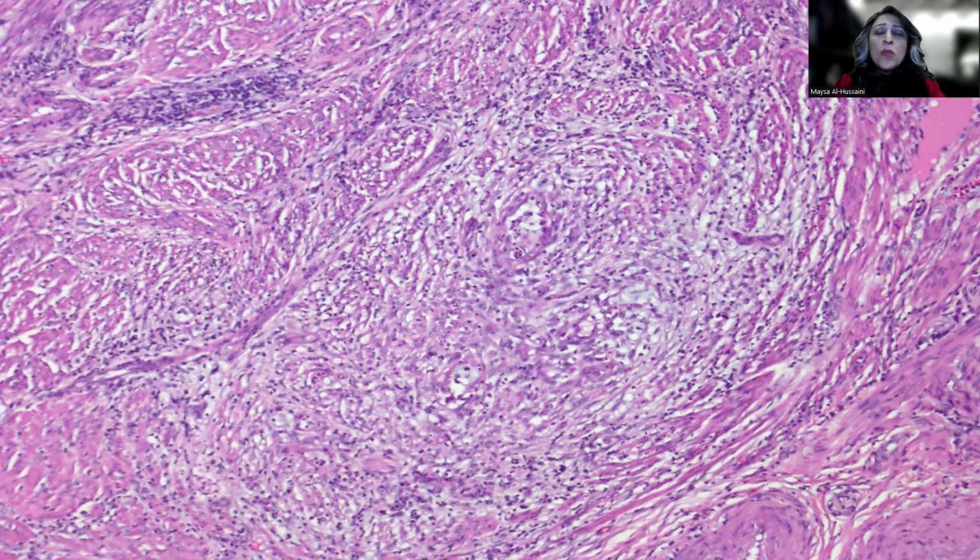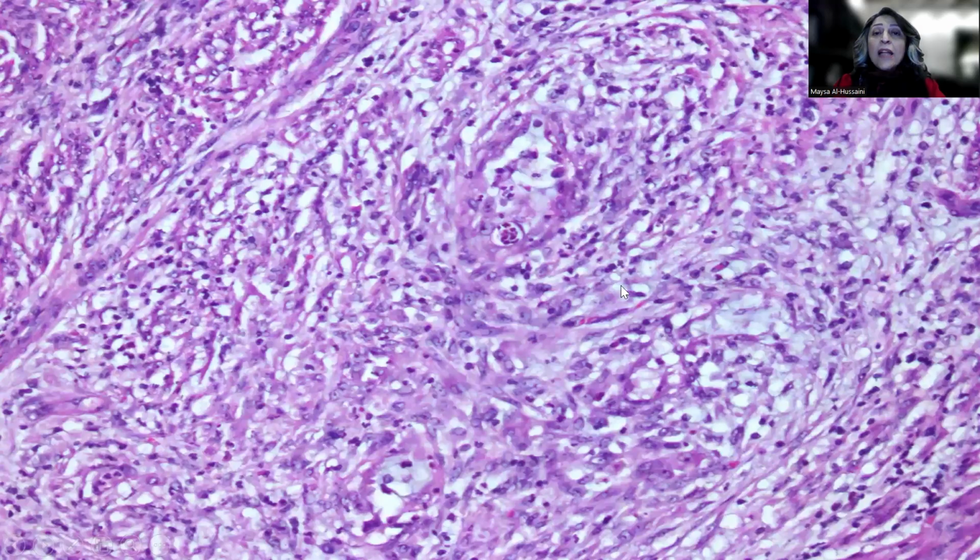People tend to think these are lymphatics or vessels because they are flattened and thin-walled. And on even higher power magnification, we have fibrous tissue growing along with an abundance of myxoid, bluish-tinged stroma, along with a large number of inflammatory cells, mostly neutrophils.